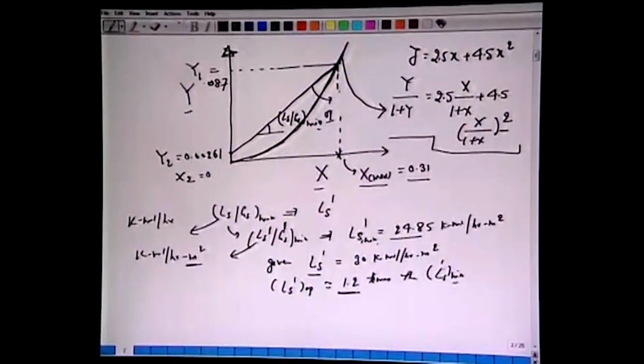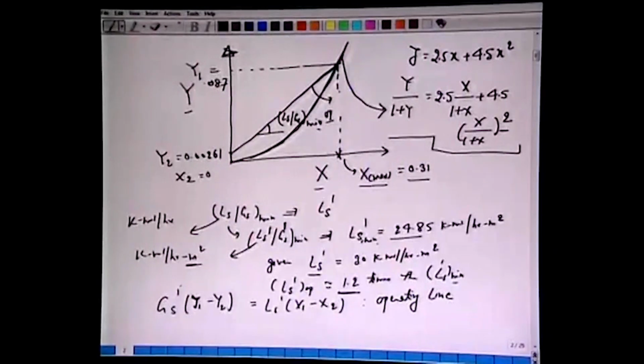If you want to solve analytically, all we have to do is write down the expression for the operating line, which is capital Y1 minus capital Y2 equals LS prime times x1 minus x2. This would be our equation for the operating line. Note that we are using the superscript again because it's per meter squared, so this cancels out, either GS or LS, or GS prime and LS prime.